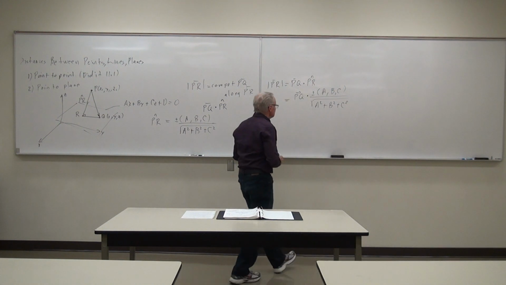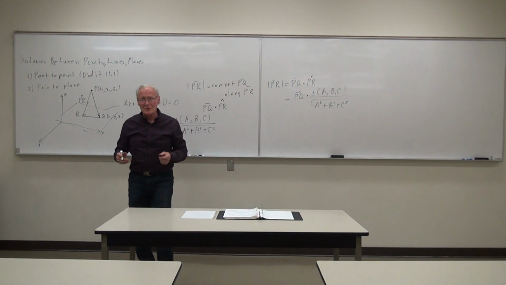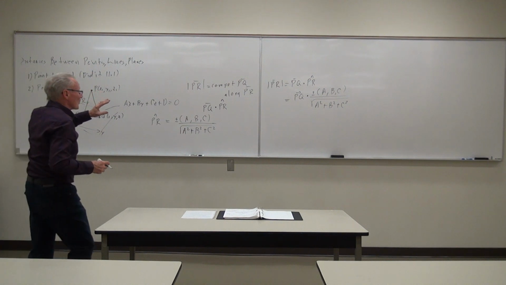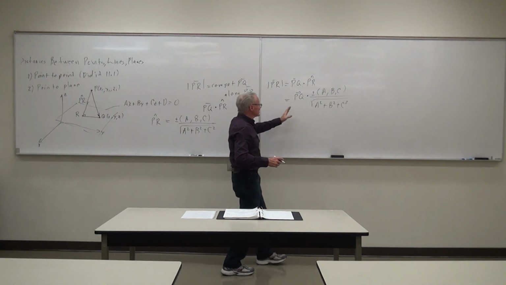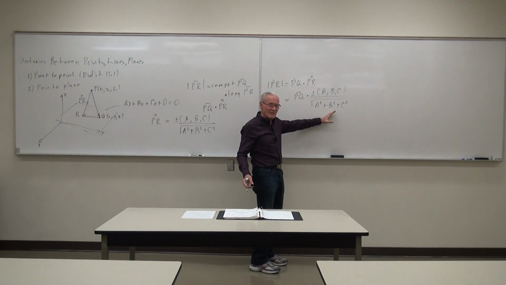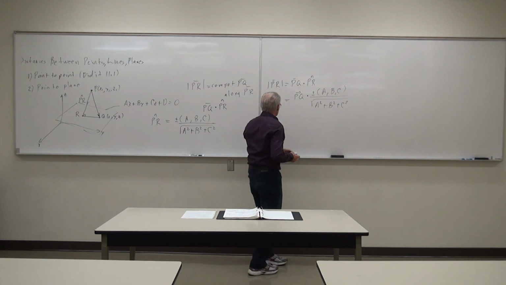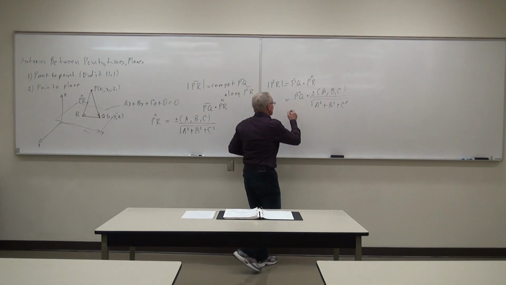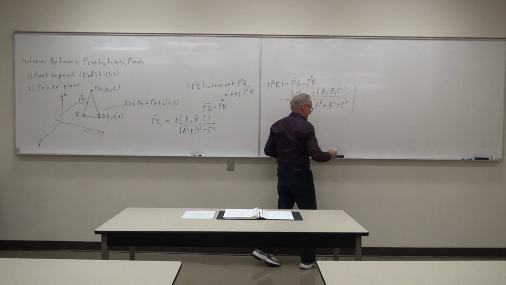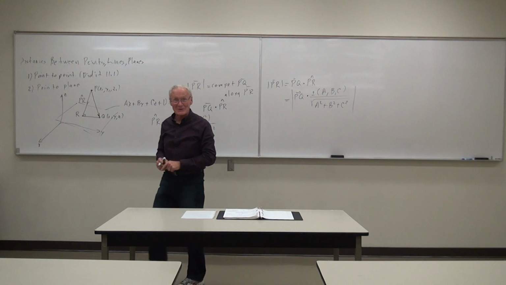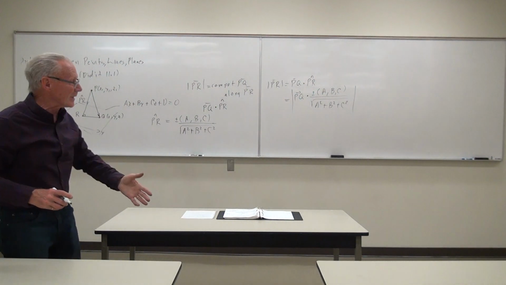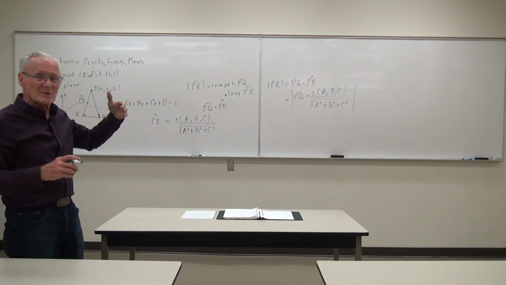But we don't know which is the plus or the minus. You're going to choose the appropriate one so that when you do this, it turns out to be positive. Well, since we want the length of the vector, we can make sure that happens if we put some absolute values here. That will guarantee that it's positive. So we won't have to worry about choosing the right one. The absolute values will take care of it for us.